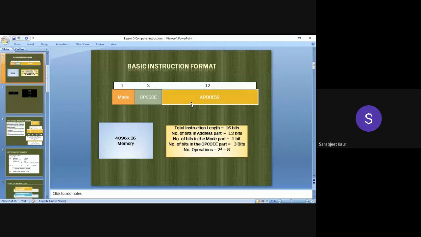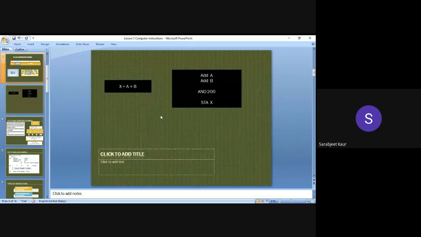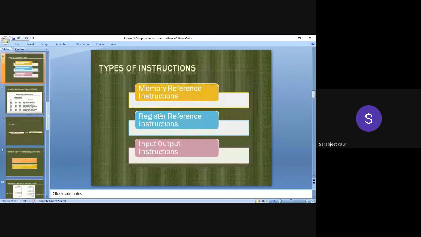Will we need to tweak this instruction format or draw out different meanings from the same instruction format, so that using the same format we are able to specify all these three types of instructions? That will be the discussion next time.